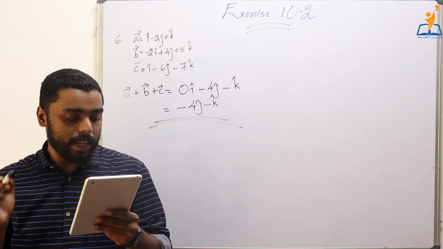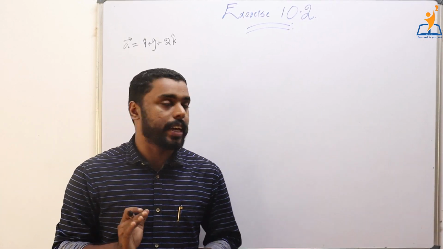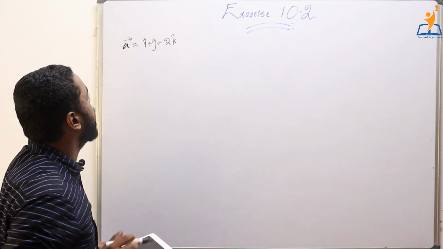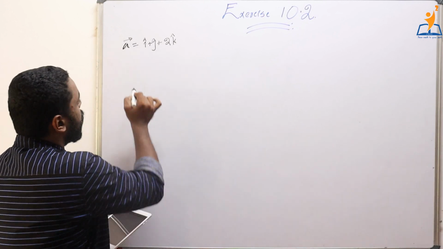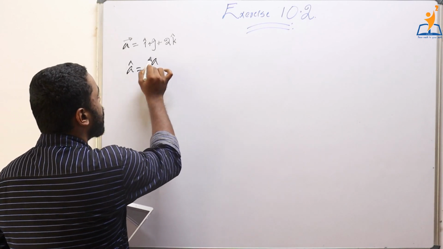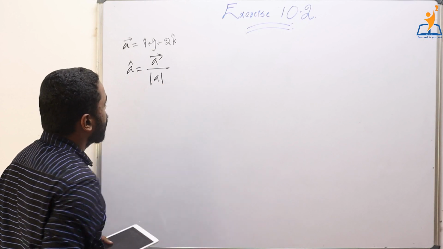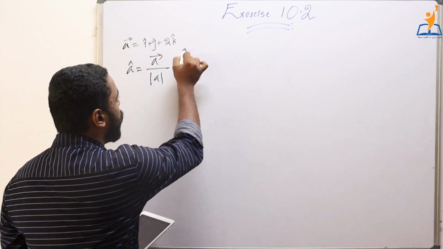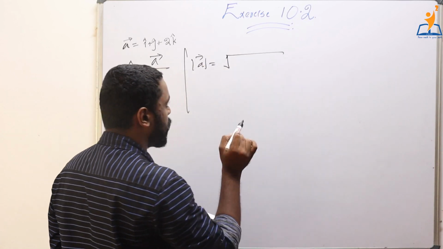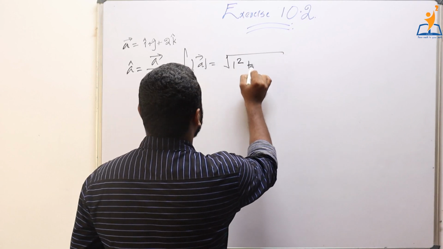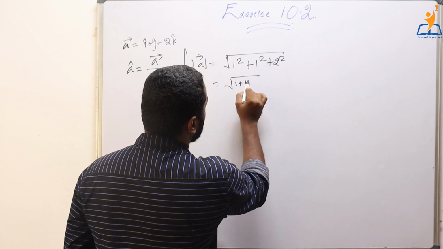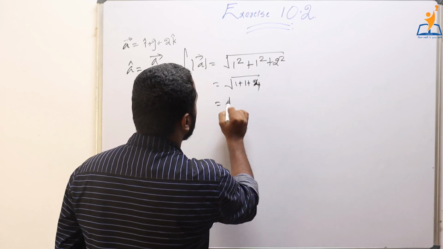Now we shall move to the 7th question. The 7th question is, find the unit vector in the direction of the vector A equal to i cap plus j cap plus 2k cap. We know that for any vector A, the unit vector A cap in the direction of A is nothing but A bar divided by modulus of A. Now we have A bar, so it is enough to find modulus of A. Modulus of A is nothing but the root of the sum of squares of the components: 1 square plus 1 square plus 2 square, which is root of 1 plus 1 plus 4, equal to root 6.